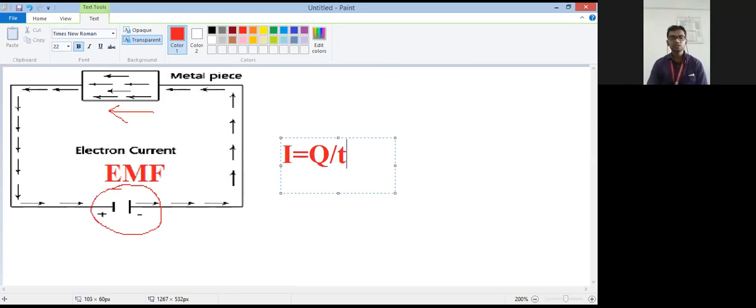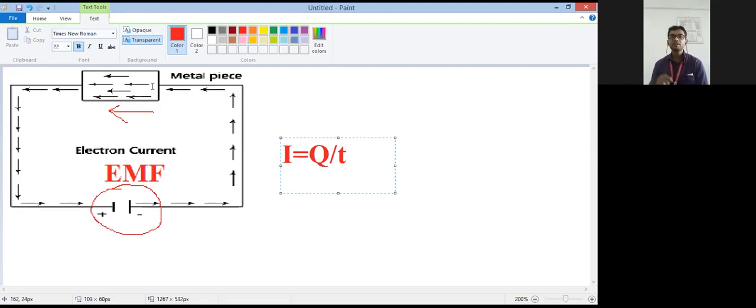Q is the total charge flowing through that metal. Suppose 100 electrons are flowing at a time, you know that some charge is there on each electron. So if some number of electrons are there, they carry that charge. Whatever charge is flowing because of the electrons, that cumulative charge is nothing but Q.